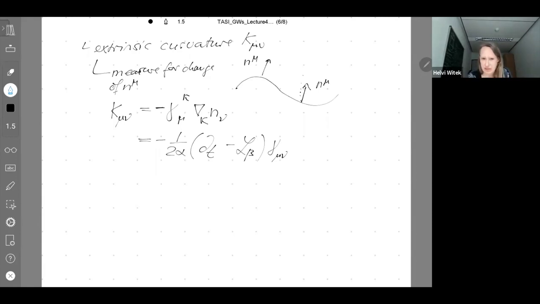Both the three-metric and extrinsic curvature would just be spatial quantities. This gives us already the first evolution equation to describe our space-time. It is essentially describing the kinematics. If you were to think about classical mechanics, that would be like the time derivative of your position equals velocity.